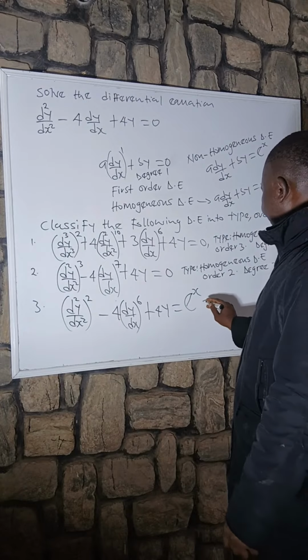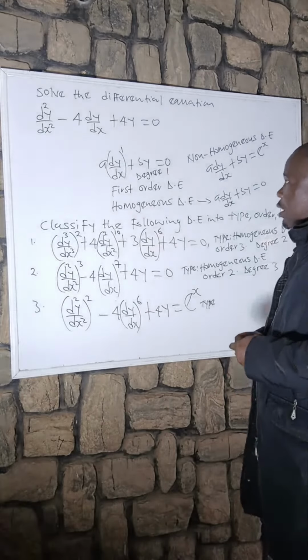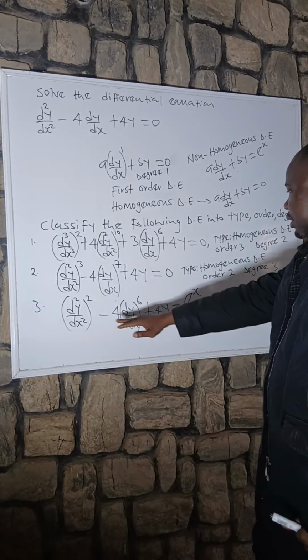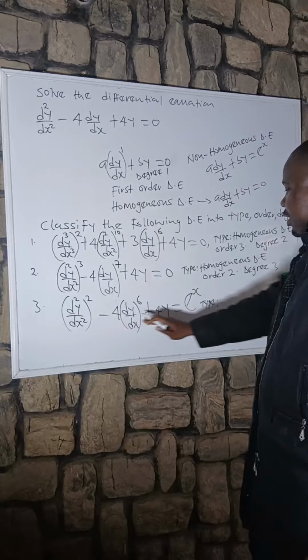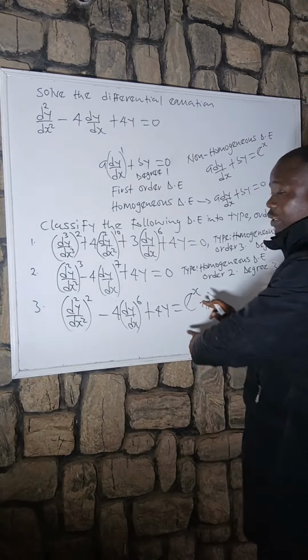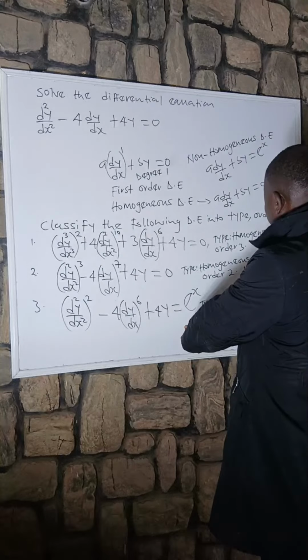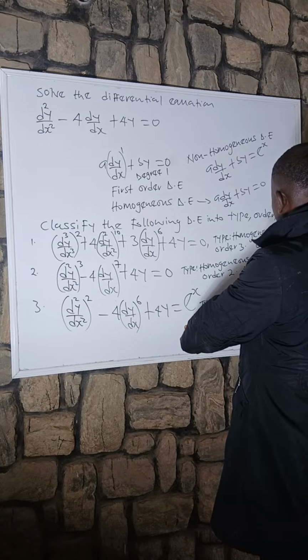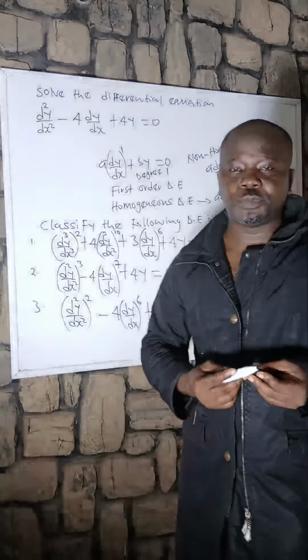Then here, the type of this differential equation is going to be non-homogeneous, because it is equal to exponential x, true or false? So here is non-homogeneous DE. Is that clear? Hope you are following.